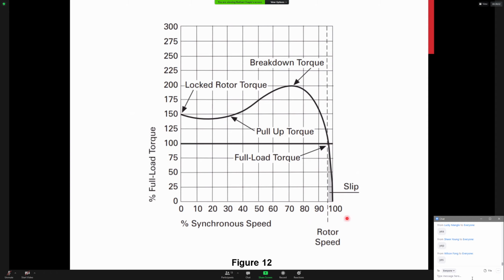So 4% back from synchronous speed, and 100% torque would also be, folks, 100% rated load. So if this was that motor with the nameplate we were looking at first, this would also be 25 horsepower worth of work is where we would experience this full load torque right here.